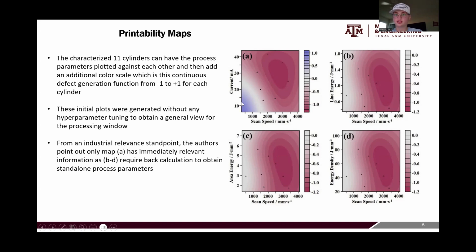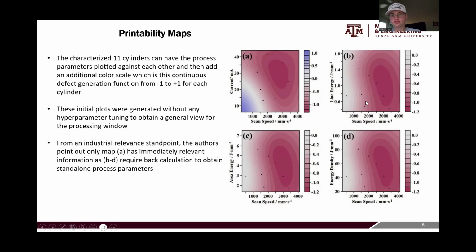Then you can plot this as a color scale across your process parameters, and you can see exactly where this decision boundary is occurring, at this light region around 0. You can see that there is a region that separates the bad parameters from the good parameters, and your good parameters would be in the dark blue region.